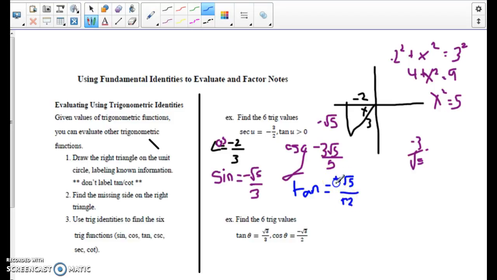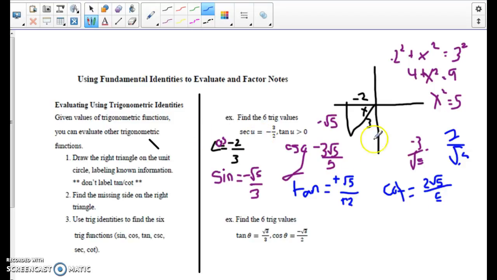So it is root 5 over 2, and notice that's greater than 0. My cotangent is the reciprocal of that, which initially would be 2 over root 5. However, I need to rationalize the denominator, and I have 2 root 5 over 5.